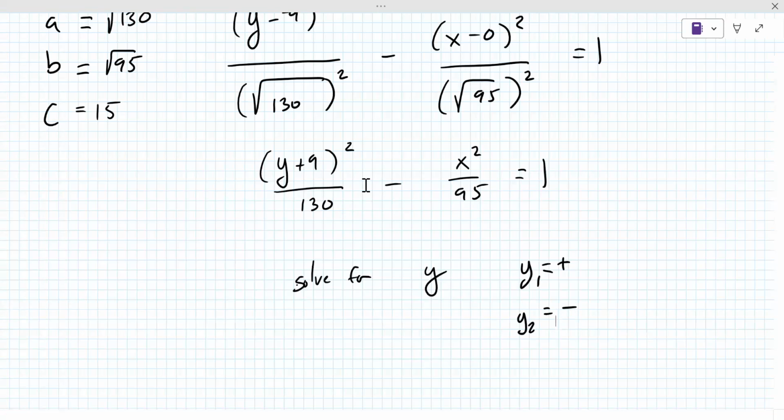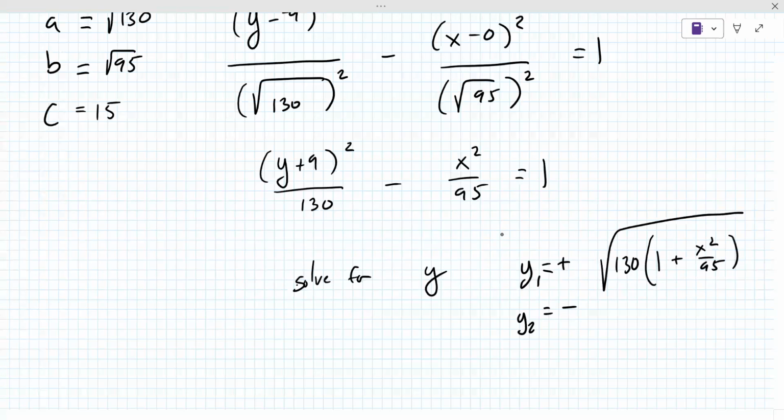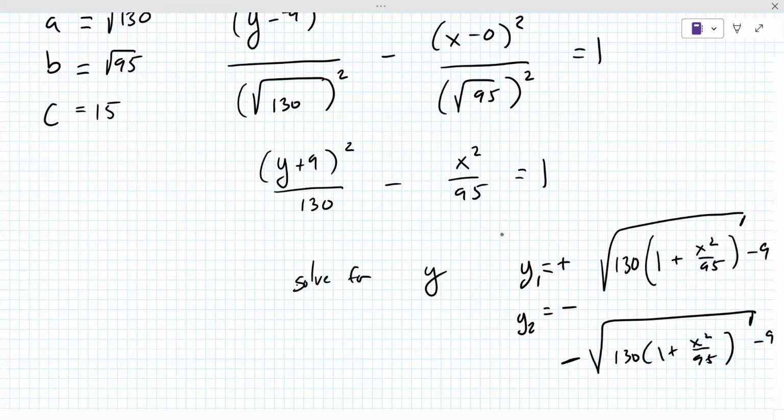So I tried to check my answers in the last test, but I noticed because the whole equation equals 1, you can't graph it. Yeah, you literally have to move stuff around. This one looks really bad, but it's 1 plus x squared over 95 times the square root of 130, positive, minus 9. And then the other one is minus the square root, and then minus 9, but that one's negative.